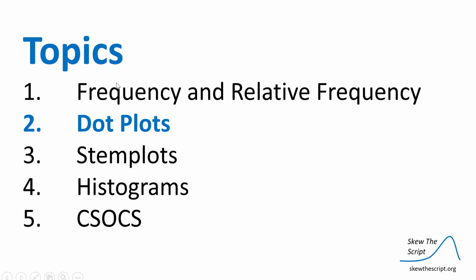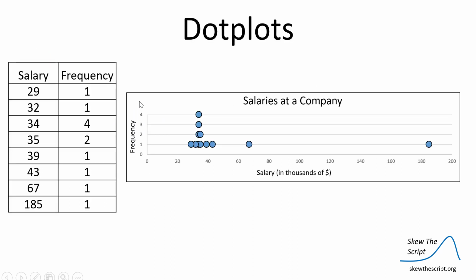A lot of times we take these frequency or relative frequency graphs and we turn them into dot plots. What a dot plot does is it takes each of those salaries and plots it where it belongs. The one thing to notice about a dot plot is that the number 34 is happening 4 times, so you're going to have 1, 2, 3, 4 dots that represent 34.